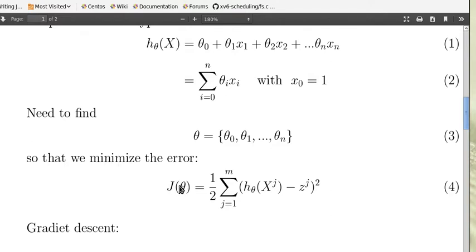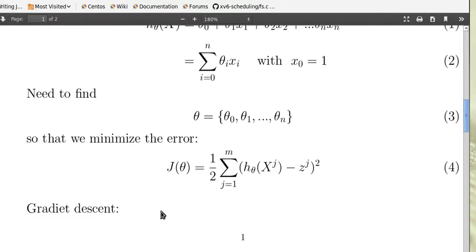So the error can be expressed as J of theta. It is equal to 1/2 the sum over all the data from j equals 1 to m of h theta of xj minus zj, squared.